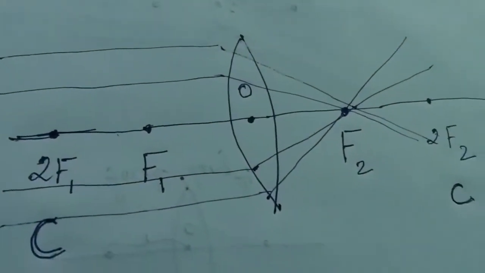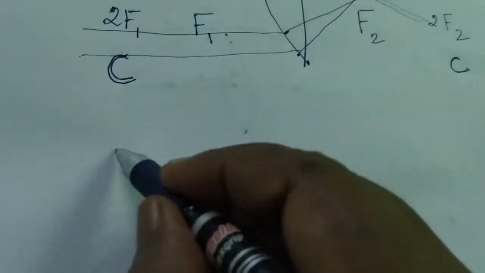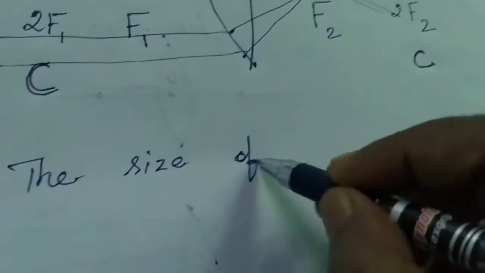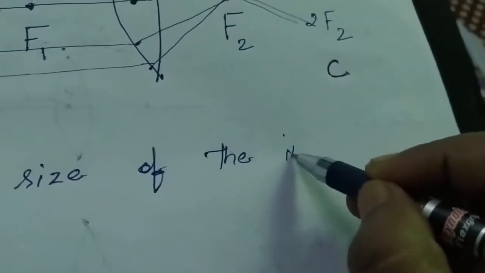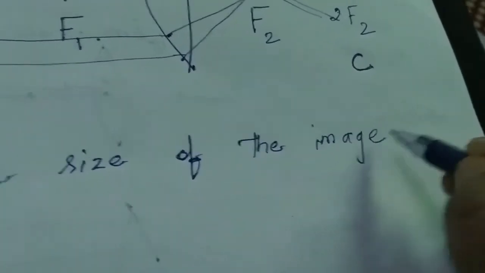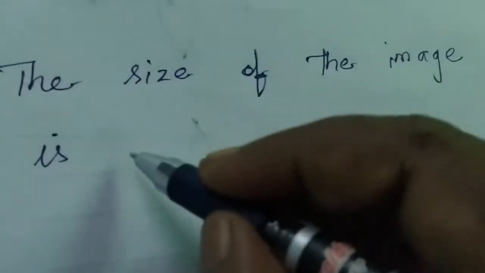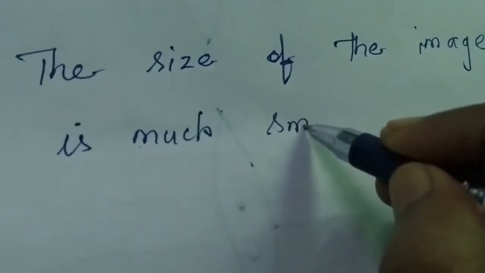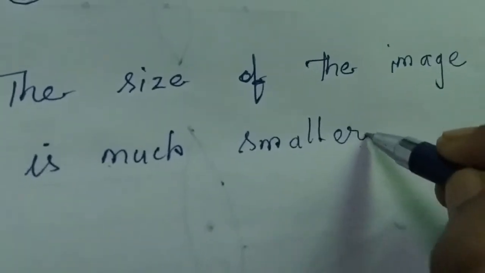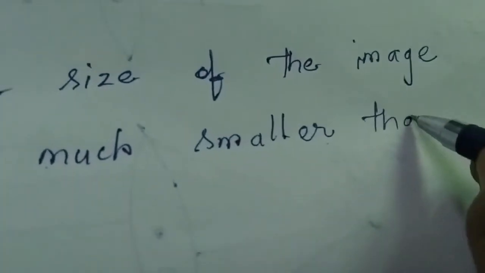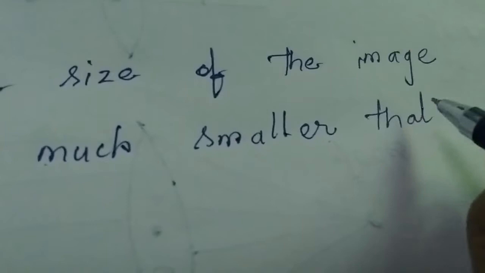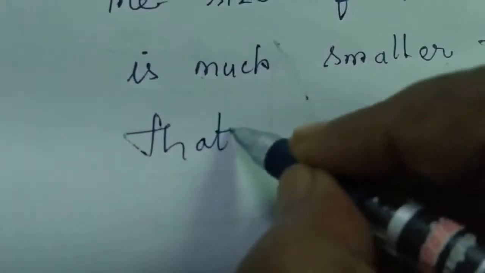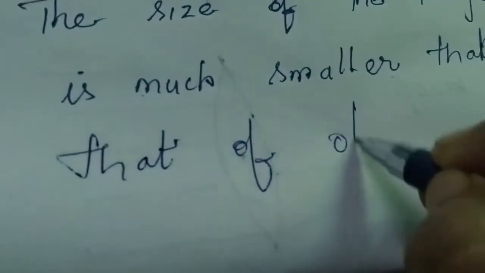So the size of the image is much smaller than that of the object.